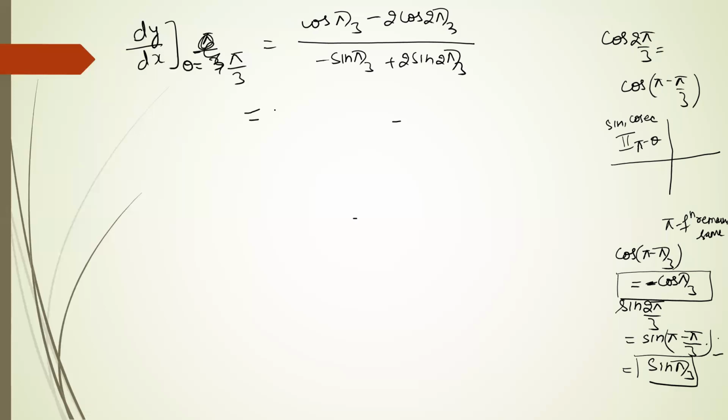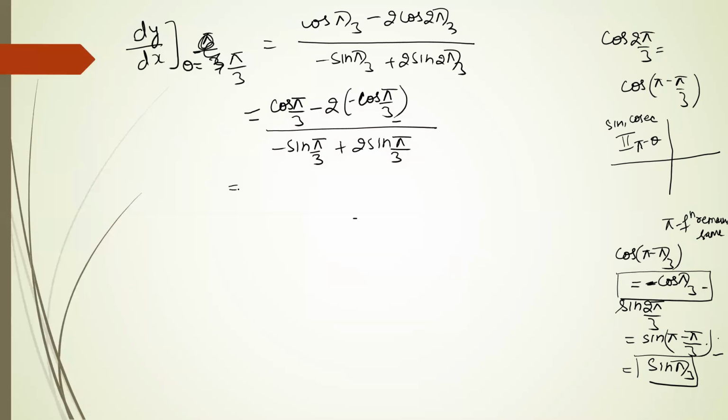What will I get? Cos pi by 3 minus 2 cos 2 pi by 3, which is basically equal to minus cos pi by 3, upon minus sine pi by 3 plus 2 sine pi by 3. Now let's quickly put the values.